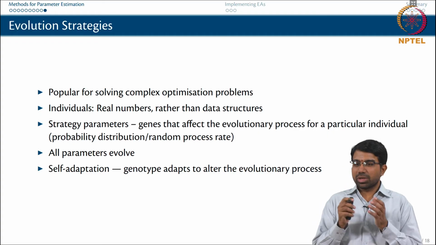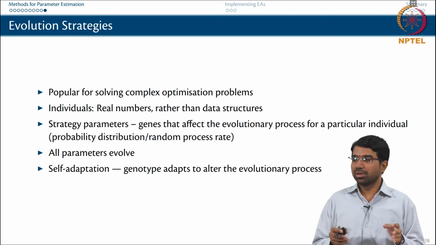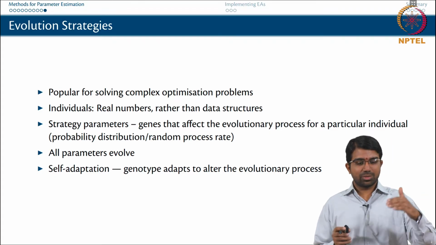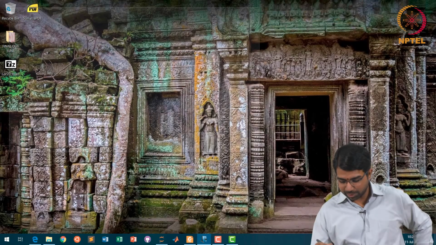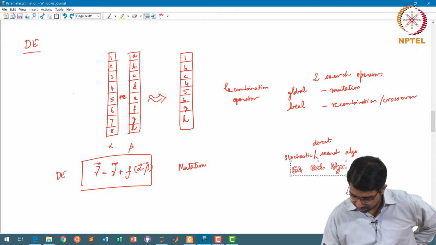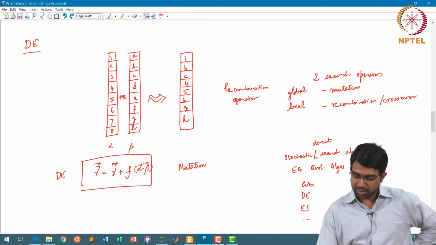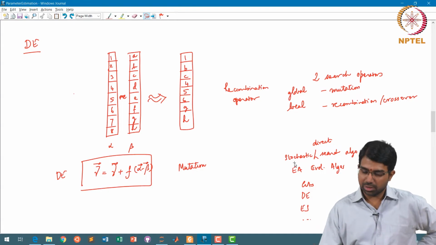So essentially, the overall template is the same. If you scale back a few steps, we said what are the different levels in the hierarchy of algorithms. We basically said GAs, DE, evolution strategies, whatever else, they all broadly come under evolutionary algorithms.